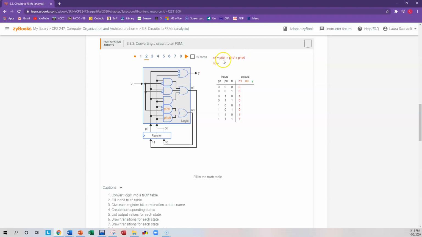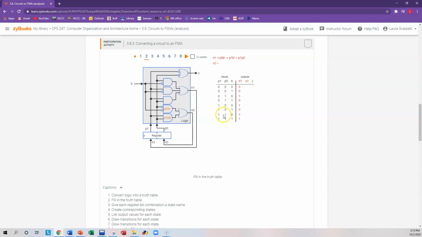So take a look at this, P0 B complement. So look for P0's values being a 1. That's these 2 right here. Now complement B, right? That would be this one. So it would be 1 ANDed with a 1 gives you a 1. This one wouldn't work because complement of B will be a 0, so that would be a 1 ANDed with a 0 gives you a 0.